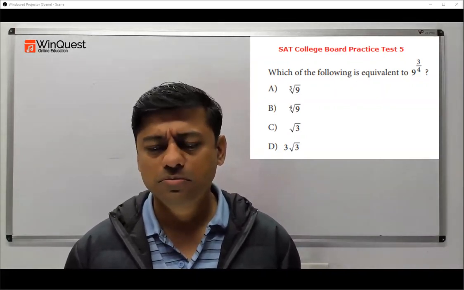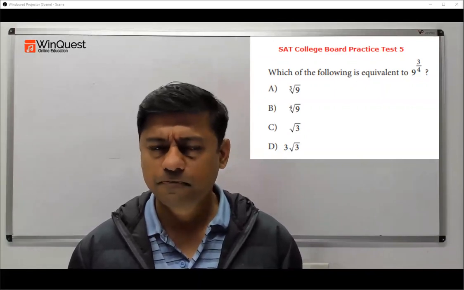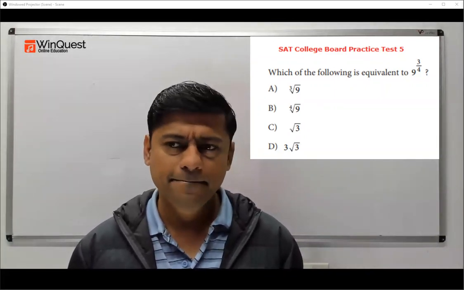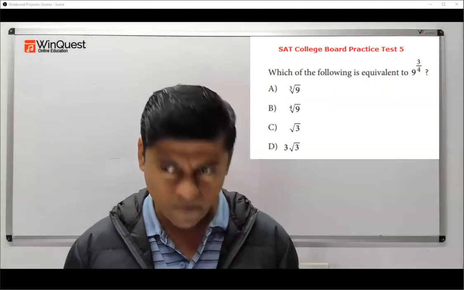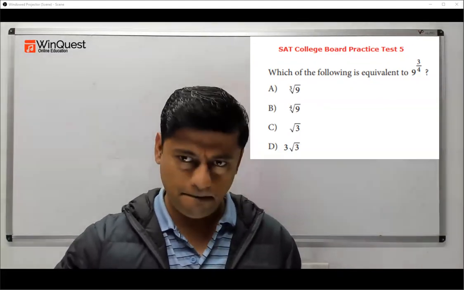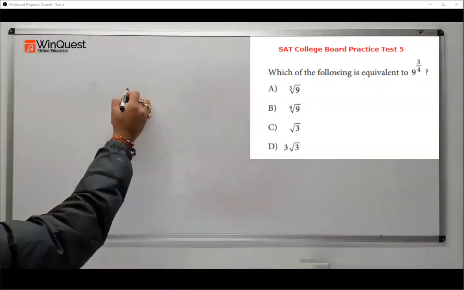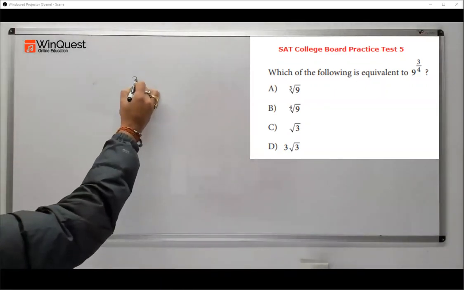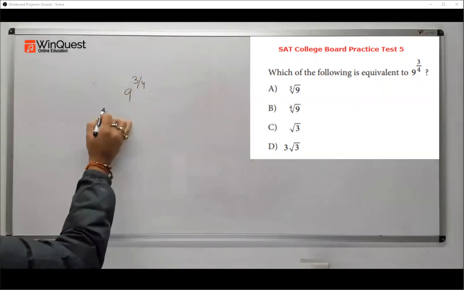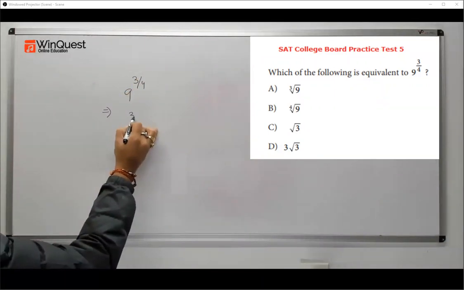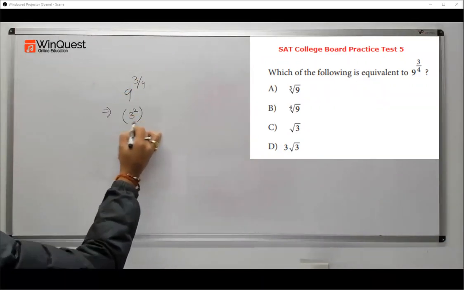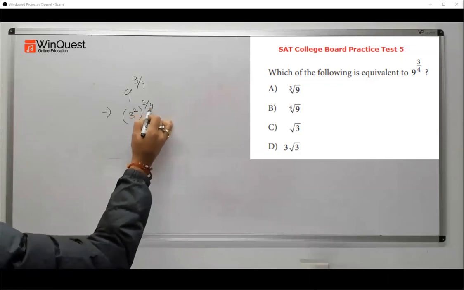I think we should, like what we did with the previous problem, simplify 9 to 3 to the power 2, or 3 squared. Very good. This is 9, 3 by 4. Let's try to simplify it as 3 square, 3 by 4.